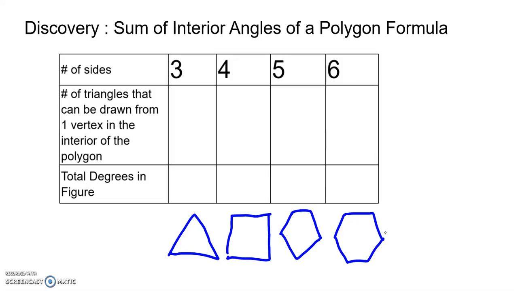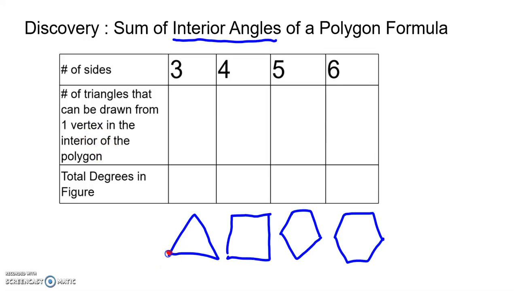So in order to figure out the total number of interior angles, or to find the sum of the interior angles, let's go through a couple things first. If we look at the blue shapes that I drew down here, I want to know how many triangles can be drawn within each of these shapes, starting from only one vertex. Here's what I mean.